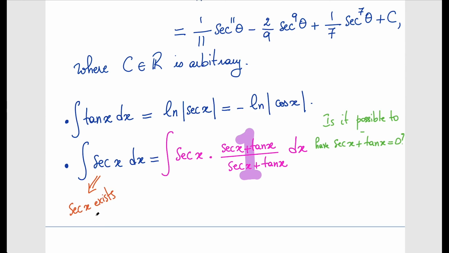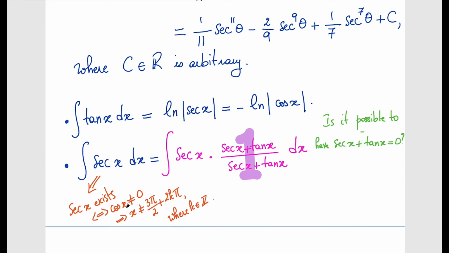And secant being meaningful means that cosine is not 0, because secant is 1 over cosine, right? If you say that secant exists, you're saying that cosine is not 0, the denominator is not 0, correct? Which means x cannot be 3 pi over 2. It implies, I'm going to just use it this way, x cannot be 3 pi over 2 plus 2k pi. Am I correct? Where k is in Z.